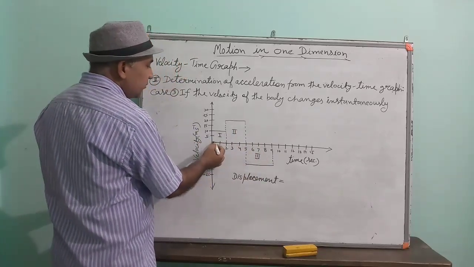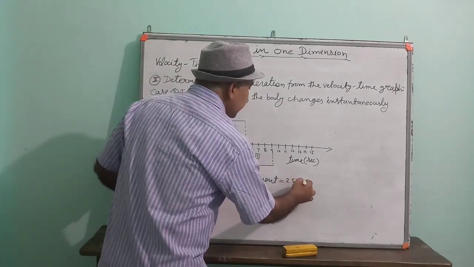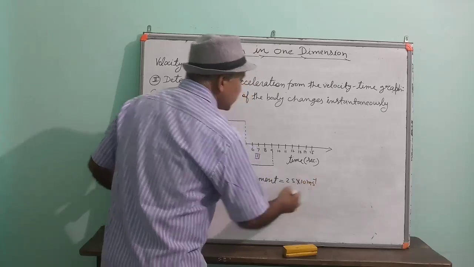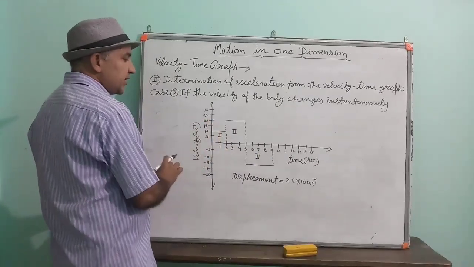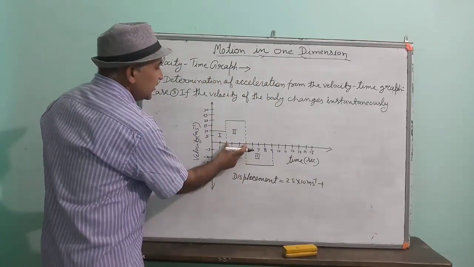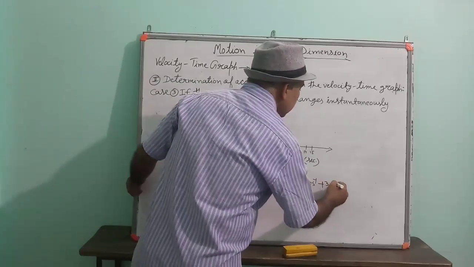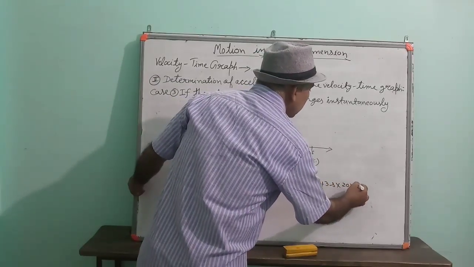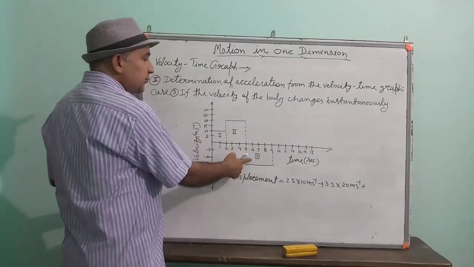Area of the first part will be 2 into 10. 2 second into 10 meter per second, because this 2 is the second, this 10 is the meter per second. Plus area of the second will be 3 seconds into 20 meter per second plus area of the third one.